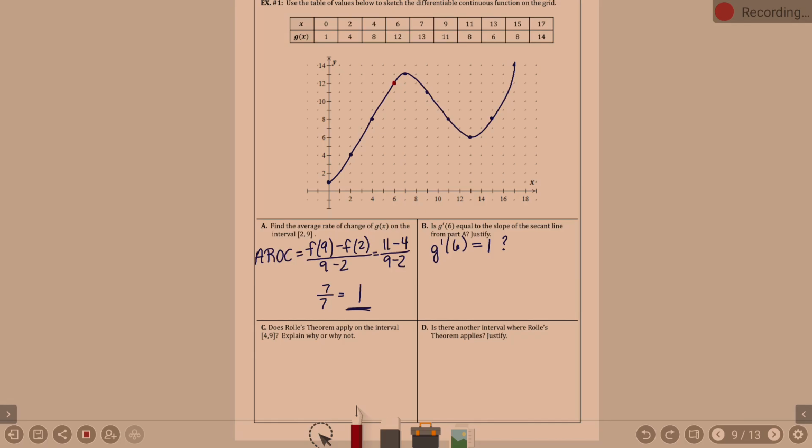If it's a tangent line, it's only going to touch that point right there. I don't know if that does it justice or not, but it's going to touch that point right there. So we know it has to go through what? It has to go through 6, 12. Well, what's another point that it goes through?